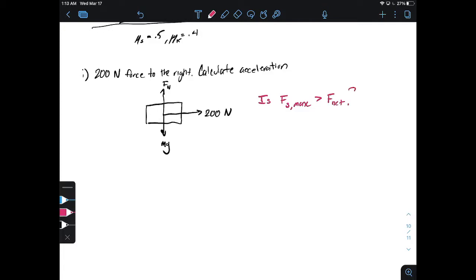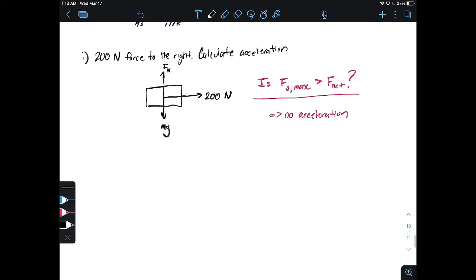Yeah, that's the idea, at least. And if that's true, no acceleration. So if you're rooting for the box, you're going to want this 200 newtons to exceed the force due to static friction, and therefore it's just going to move.